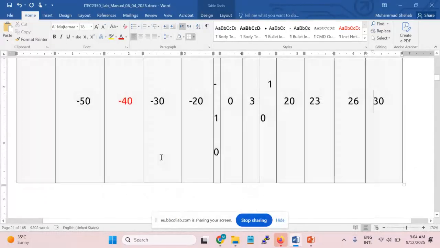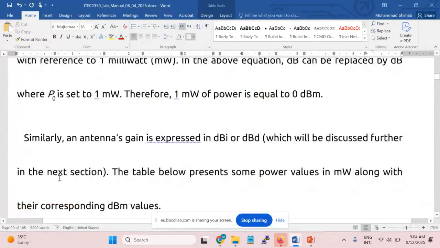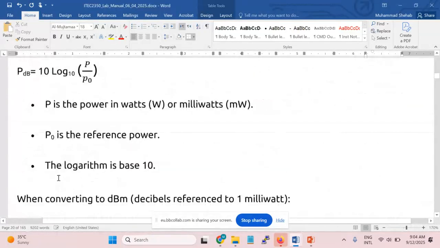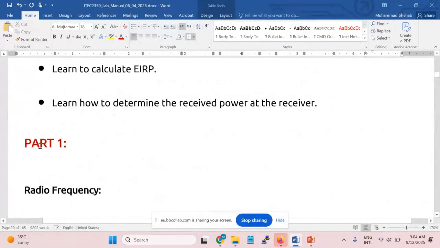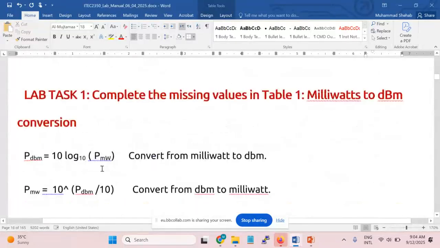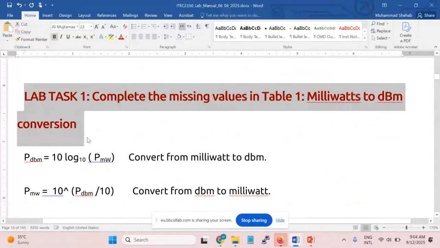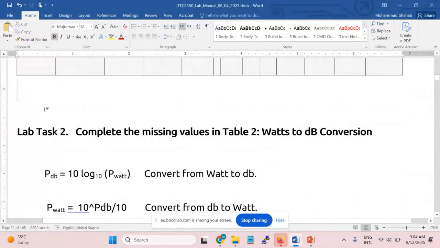So this is task number one, part one of the lab. Now I have task number two.